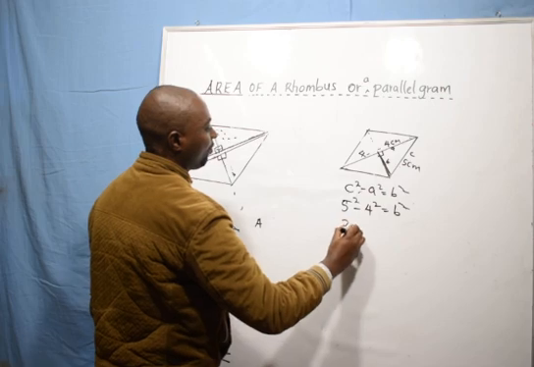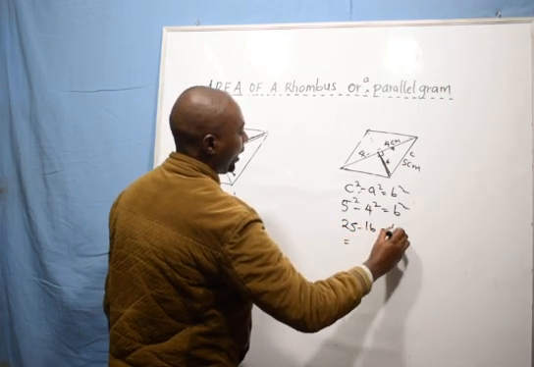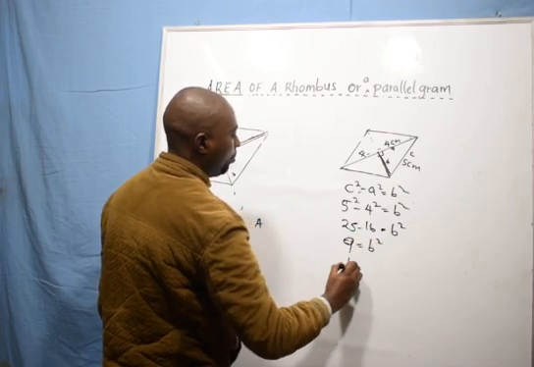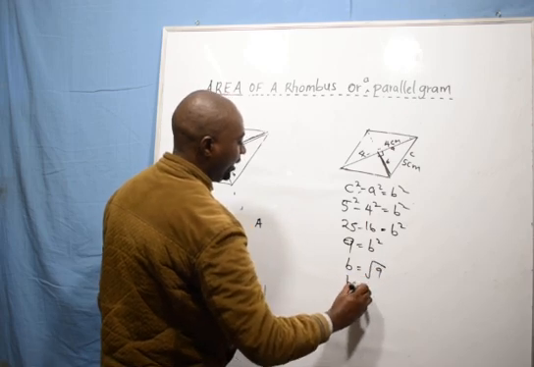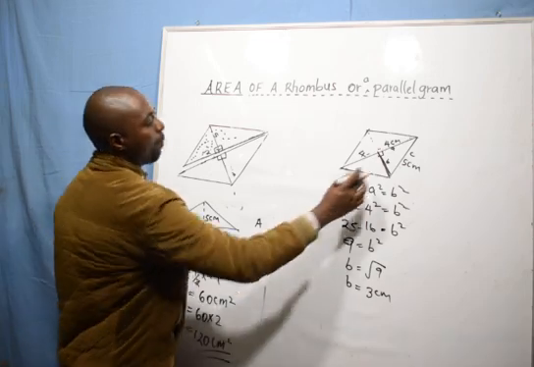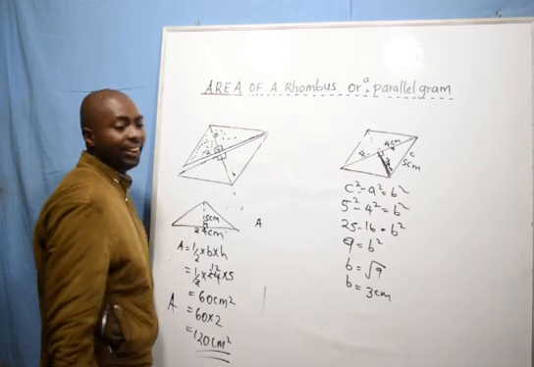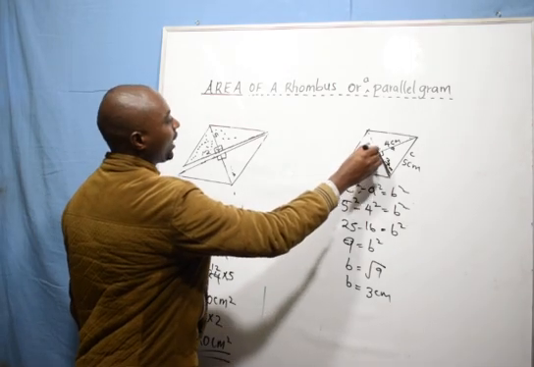This is 25 minus 16, and I get b squared equals 9. B is the square root of 9, and therefore b is 3. So b, from here to here, I already got as 3 centimeters. With that now, I can work out the other part.